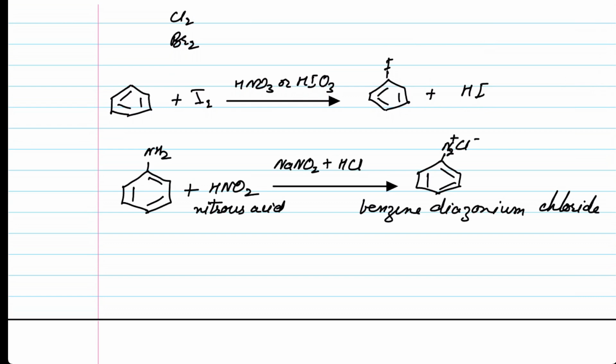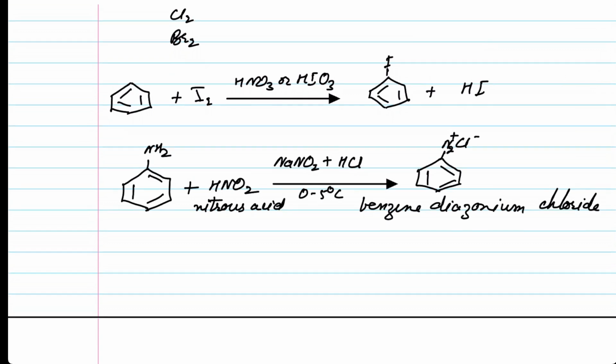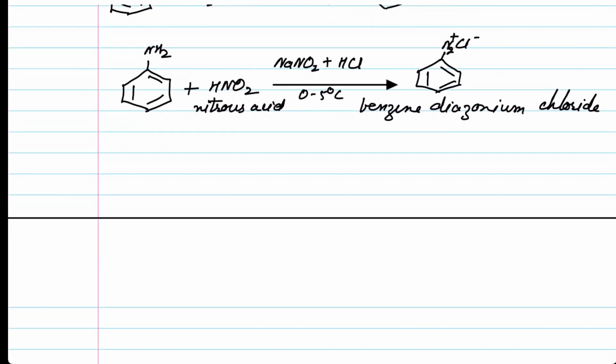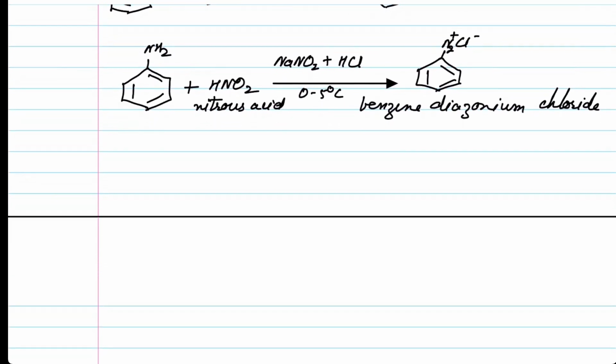Now, this reaction generally takes place at a temperature of 0 to 5 degrees Celsius, that is, it takes place in an ice bath. Otherwise, this particular diazonium ion which is being formed is highly unstable and is able to decompose to give the carbocation, and the reaction is completed. So we have to keep the temperature at 0 to 5 degrees Celsius. So this particular diazonium salt remains stable for a certain duration of time.